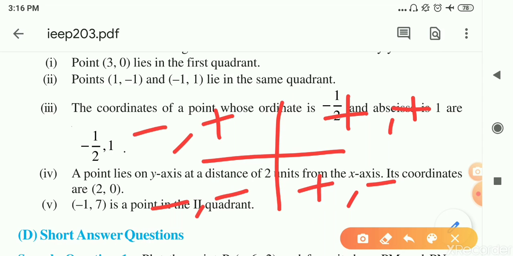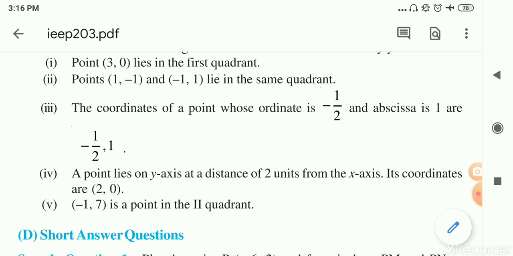So as you can see, the point (3, 0) has abscissa 3 and ordinate 0, so it will not lie in any of the four quadrants. So where will it lie? It should lie on the x-axis, as the value of the ordinate is 0 here. You got it? So we can say this statement is false. Let us read the next.